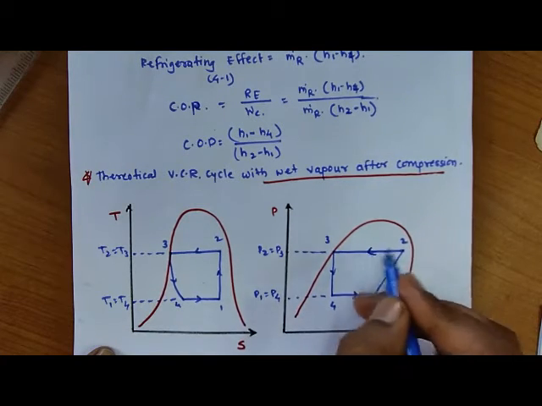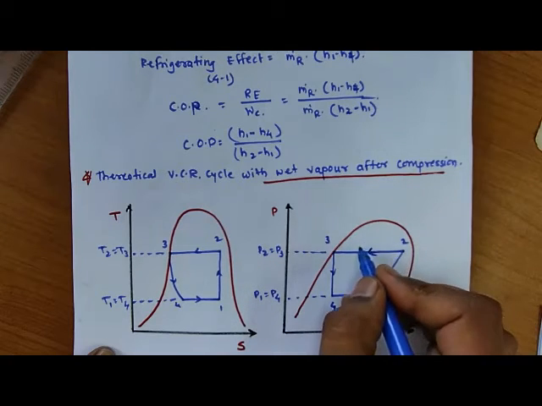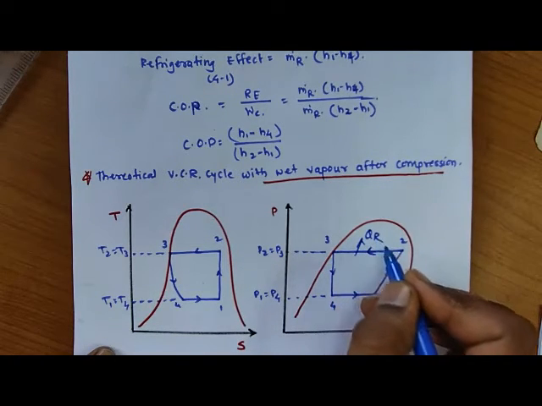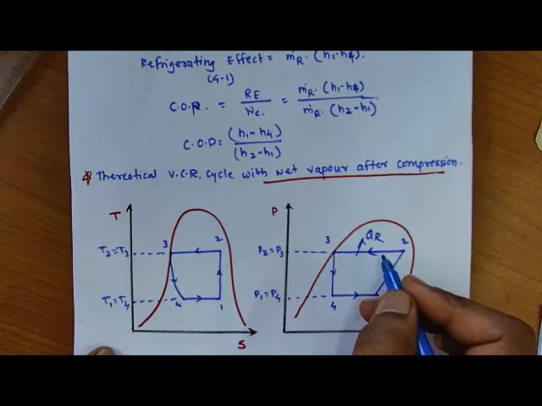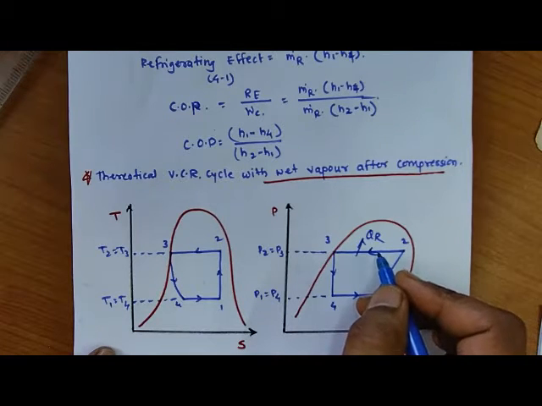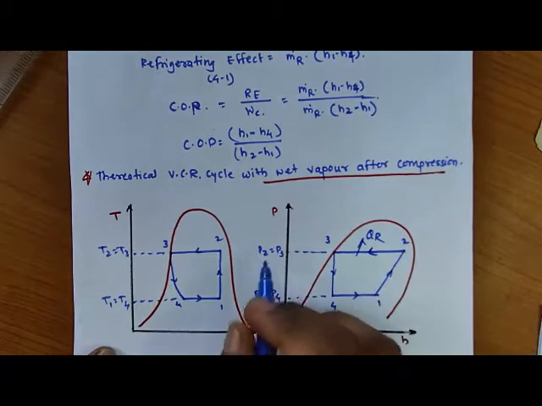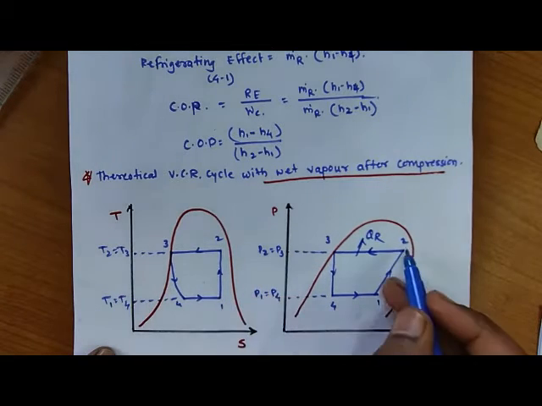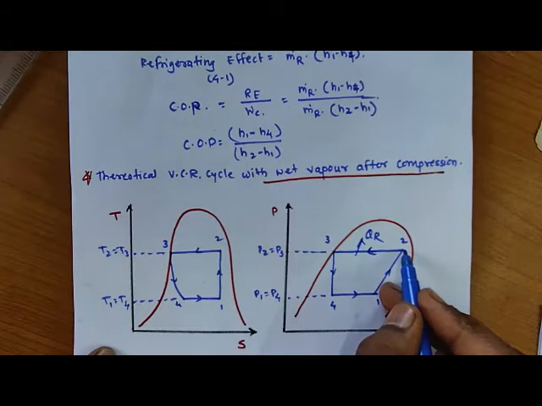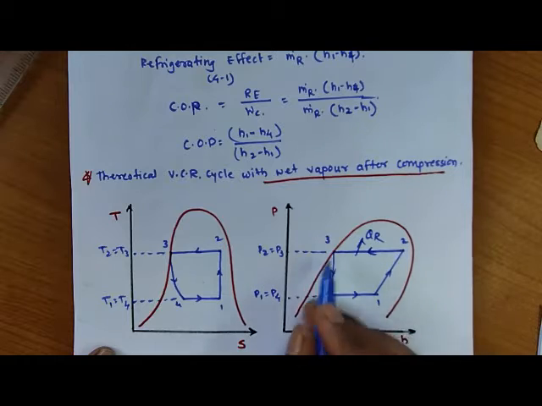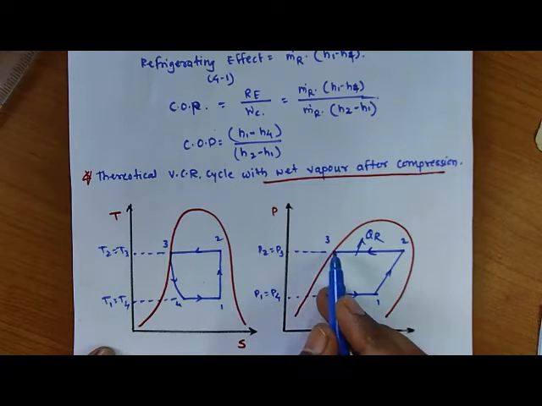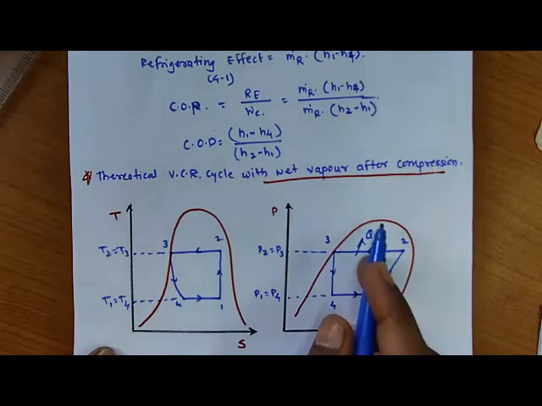Now 2 to 3 is similar, again the condensation process. Here latent heat of condensation will be rejected by the refrigerant at constant pressure and temperature, and whatever gas is available will be converted into liquid form. So point number 3 is available on the saturated liquid line.